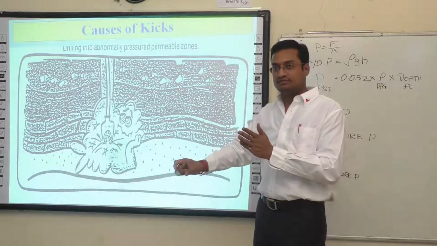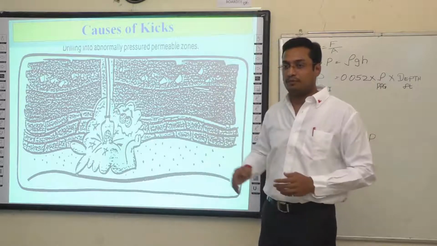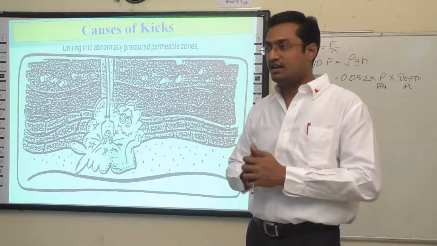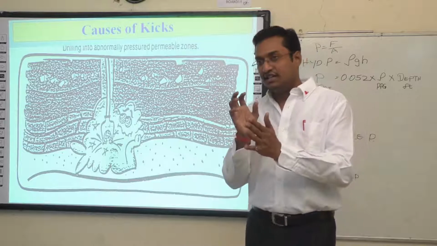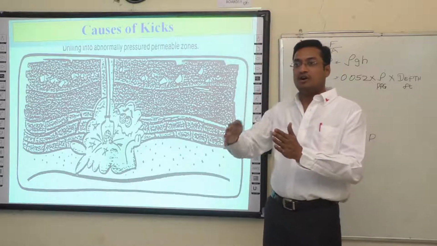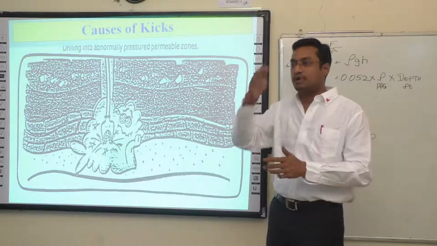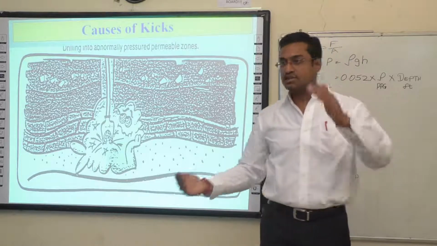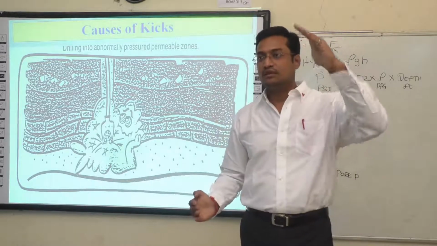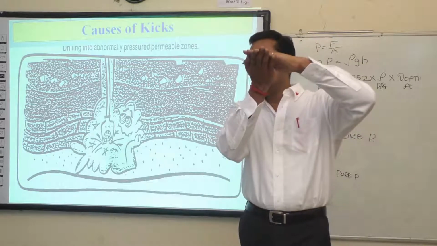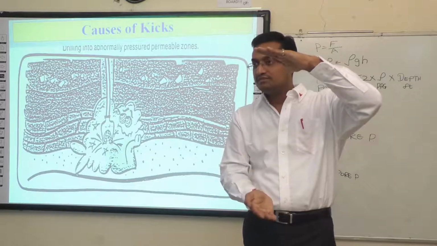That means as the depth increases, if the pressure increases linearly with respect to the hydrostatic pressure of seawater, that is normal pore pressure. So every 100 meters, when you check the pore pressure, if it is following the same line, the hydrostatic pressure line of salt water, that is normal pore pressure. Because it is connected to the surface. The hydrostatic pressure depends only on the depth.